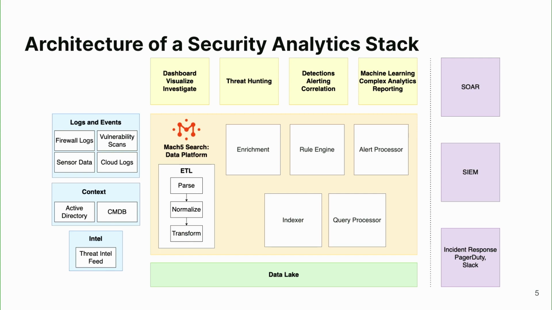And finally, you have intelligence sources, threat intel feeds, which tell you on an ongoing basis what is happening in the world out there. There is the concept of IOCs, which tell you bad IP addresses, bad hashes, things like that. So that's another source of data into these SIEMs.